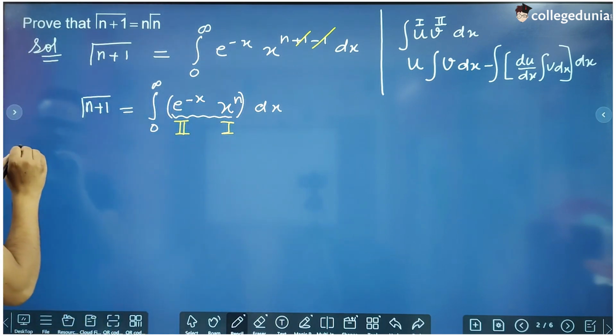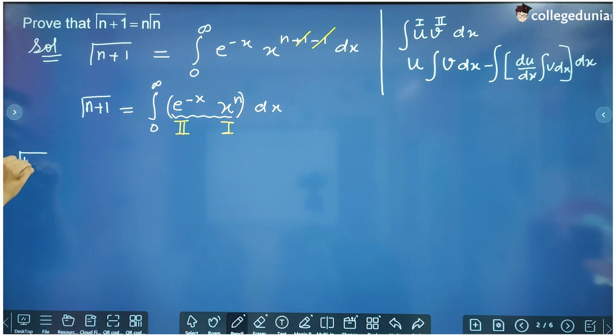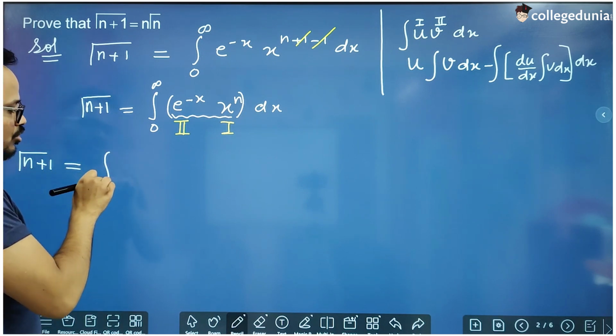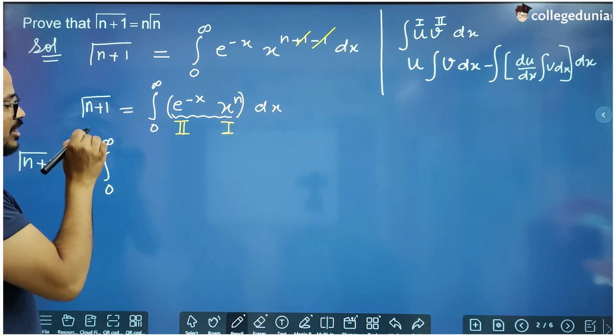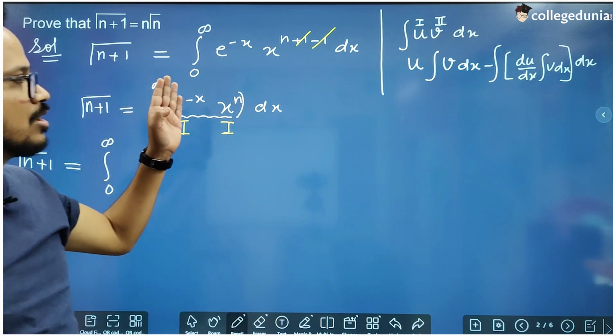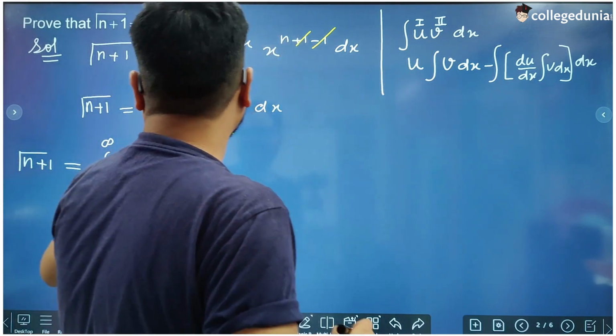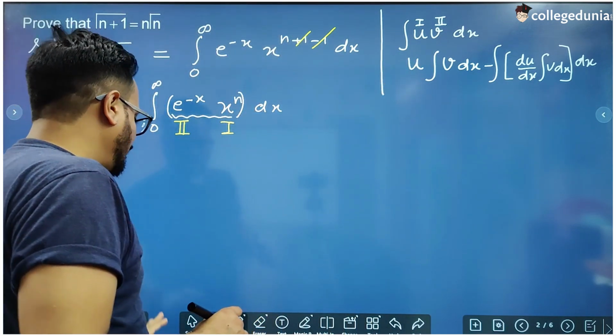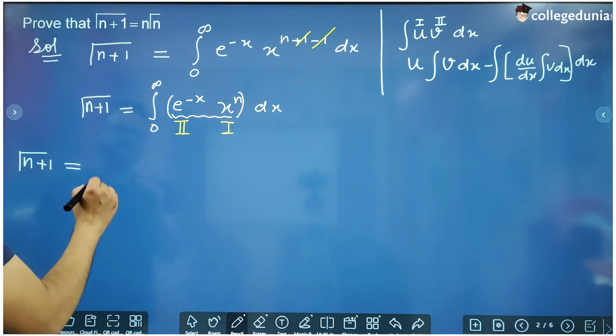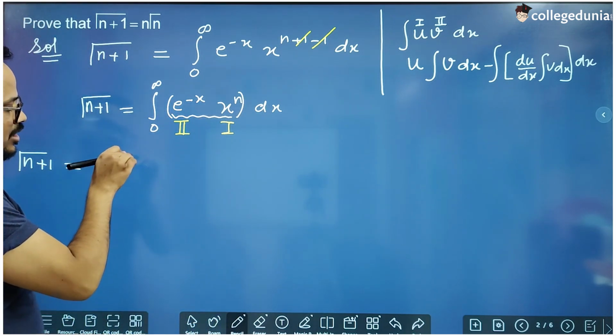So we are going to use this formula here, from 0 to infinity, first function is x to the power n, right?